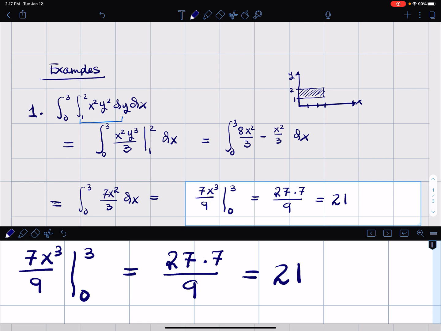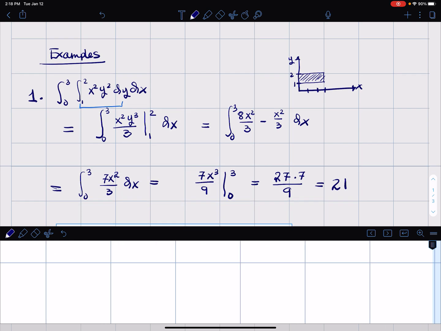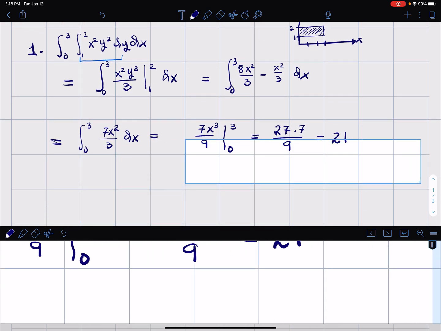I don't trust what I did, but I don't have anybody to help me. So let me just go through what I did and see if everything is correct. Okay, so let's try the other way. The answer I got is 21, but I was expecting some other answer.